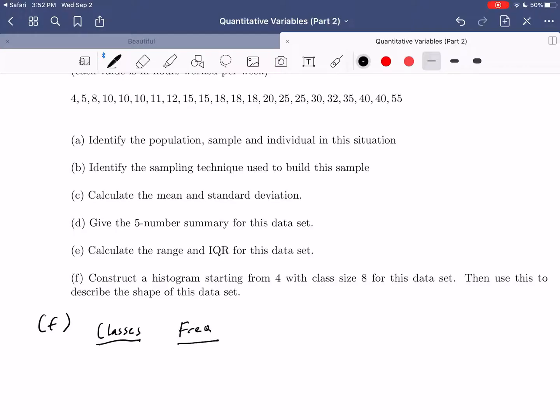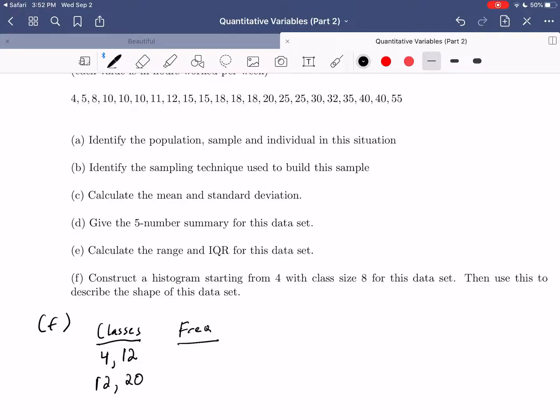So how do we build these? Well, it tells us starting from 4. So our first interval is going to be from 4 with a class size of 8, meaning we should go 8 units in that direction. So it'll be 4 to 12. The next one is going to start off where this ended, so it'll be 12 to 20.